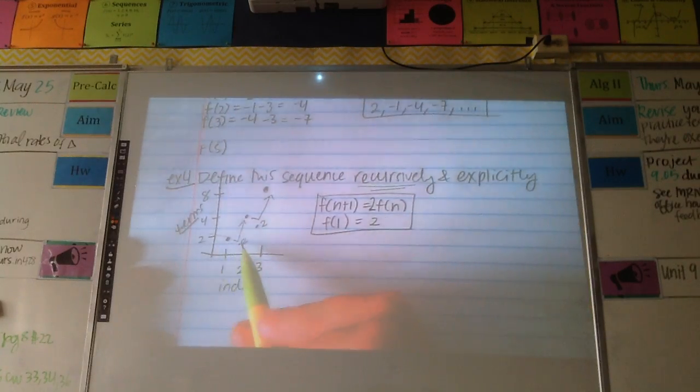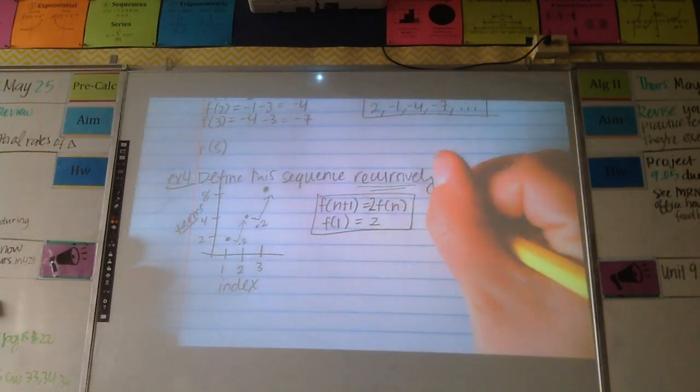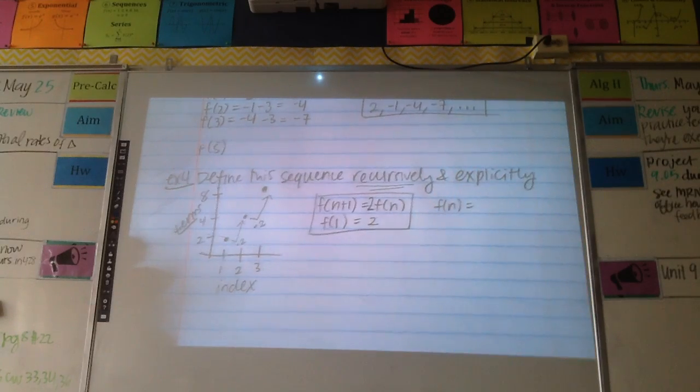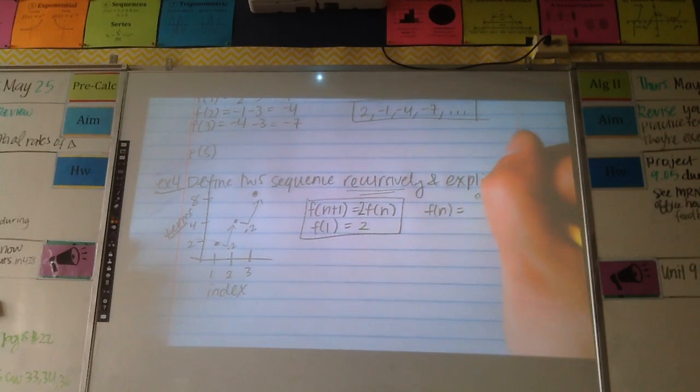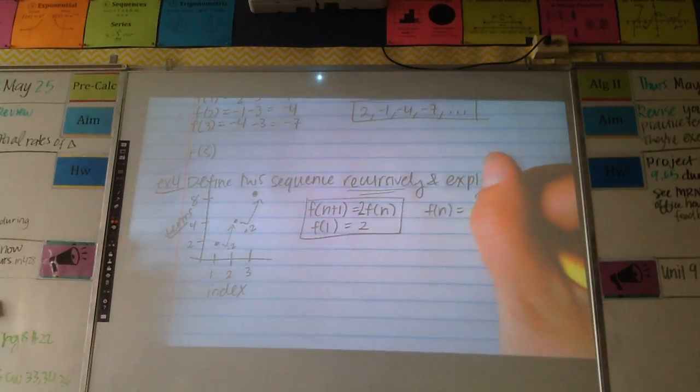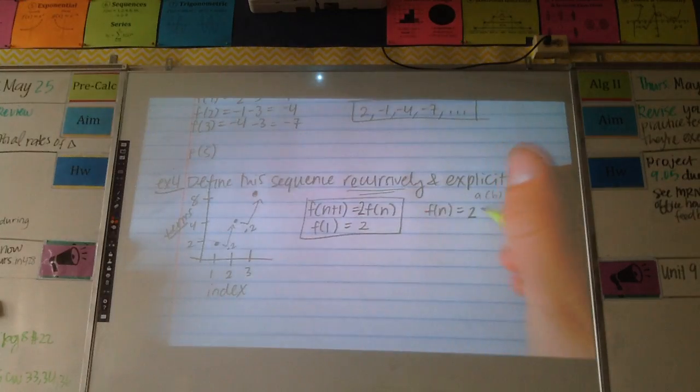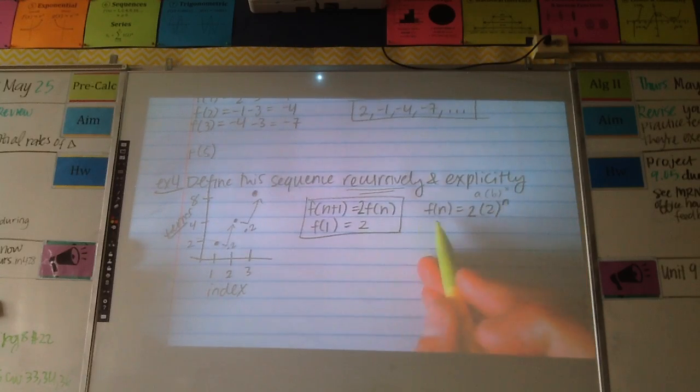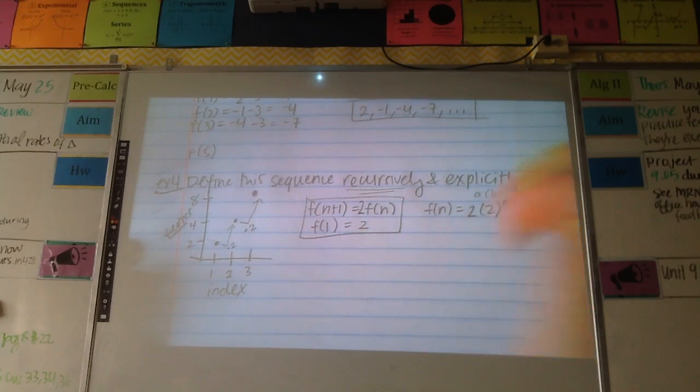Explicitly, I know multiplying by 2, that should look like an exponential function. I'm thinking a times b to the x power. Oh, well, my initial value is 2. To get from 2 to 4 and 4 to 8, I'm growing by a factor of 2, so it would look like 2 times 2 to the, oops, we use n because we're only substituting whole numbers in, just as an aside.